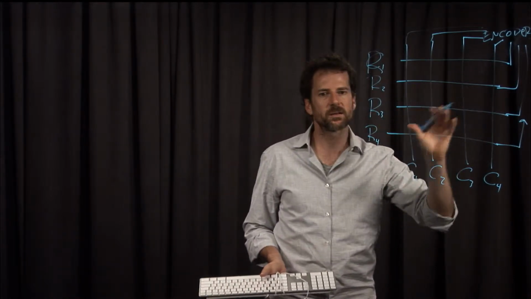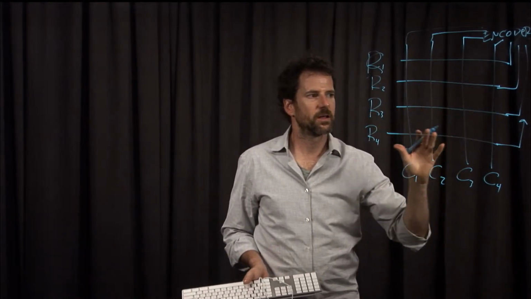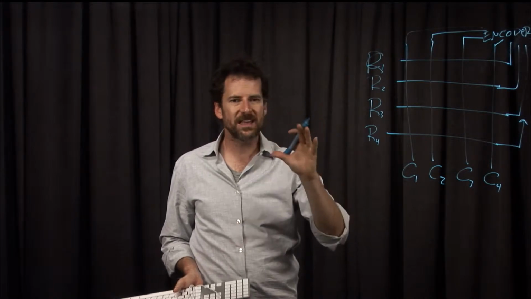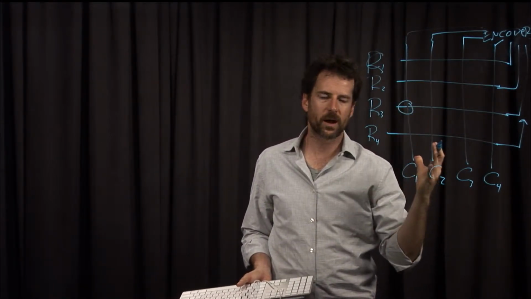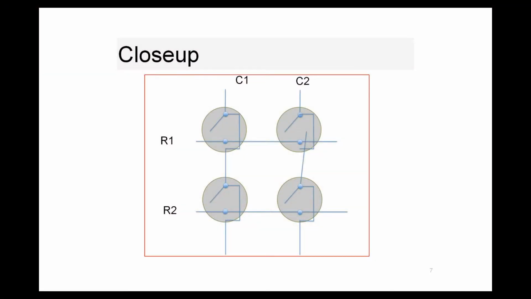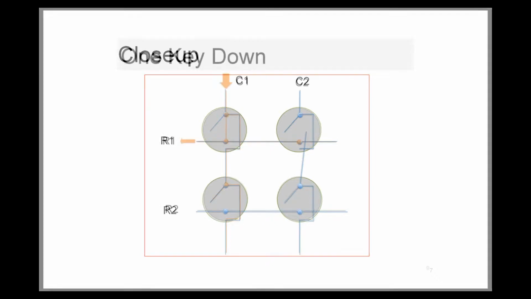If we zoom in, what you see here is that each key represents the intersection of a row and a column. When the key is up, all of these switches, each key is a switch, the circuits are open, not closed.